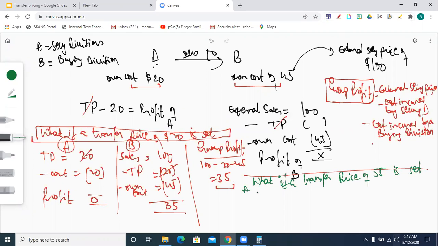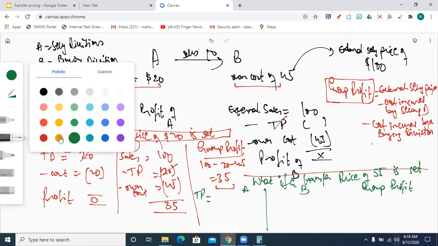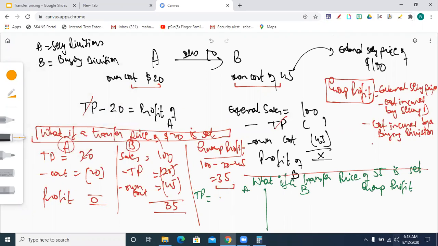Here, what would happen to A and B as well as to the group profit? Now the transfer price is 55. What is the own cost for A? It's 20. Now it's 55, less 20. What is the profit that A is getting? It's 35.